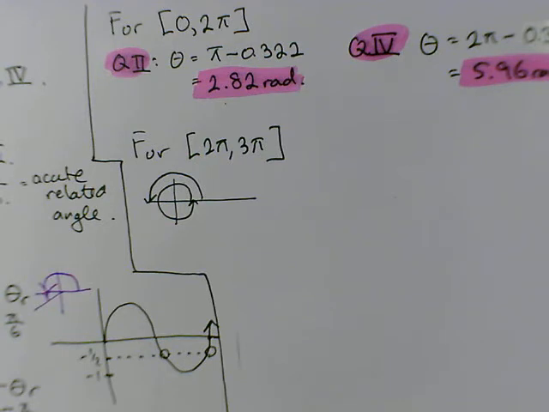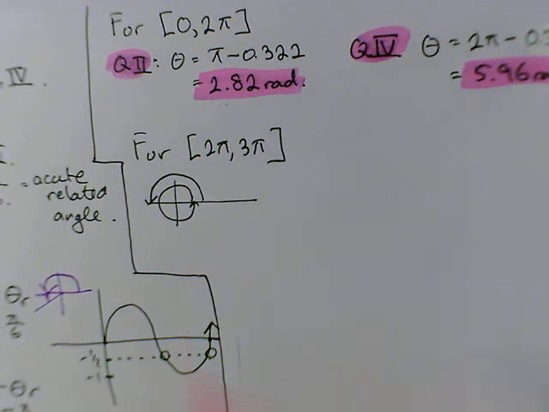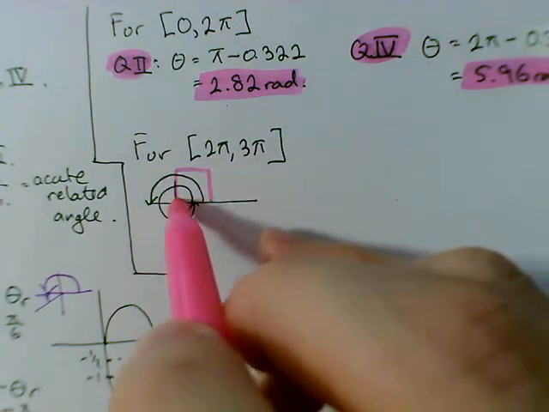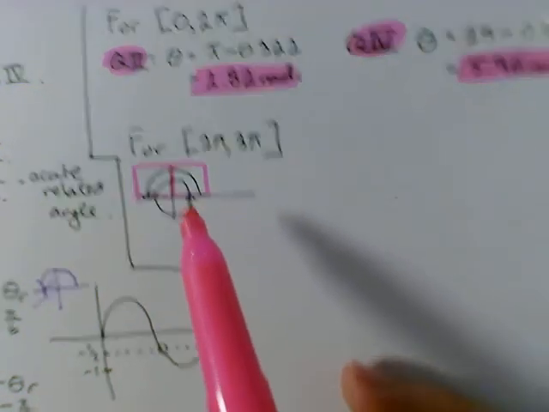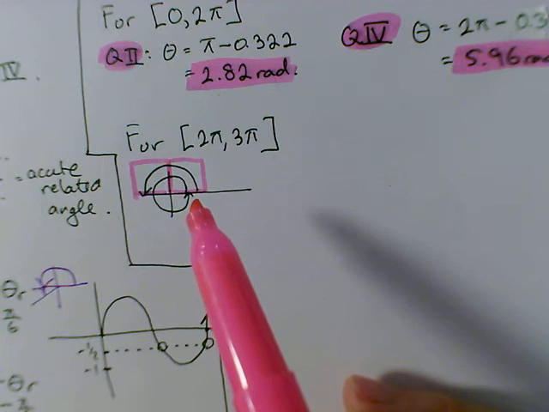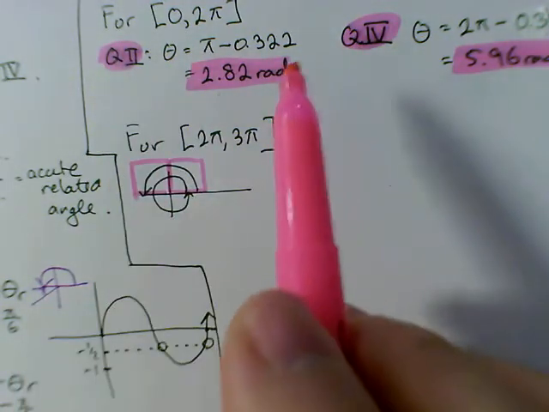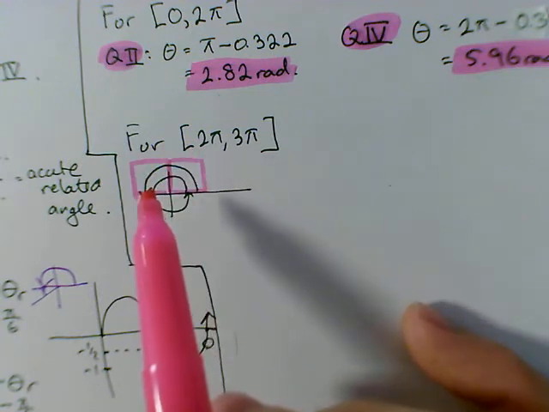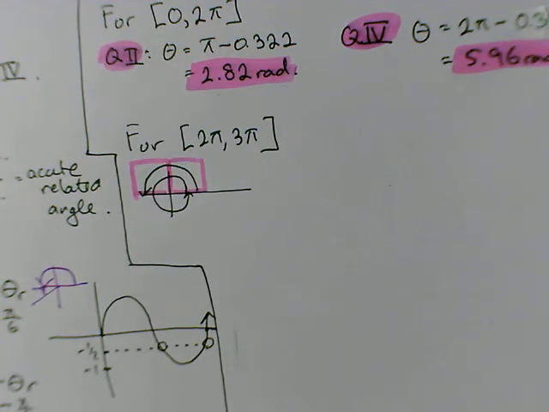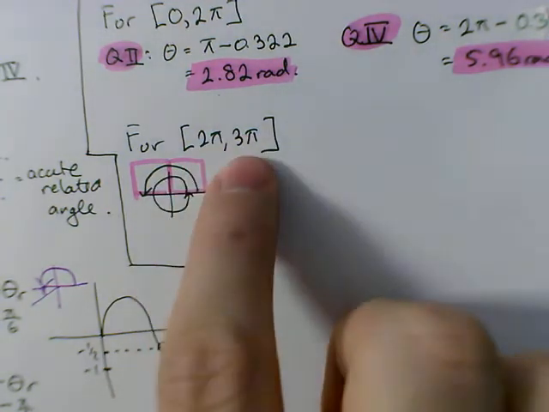Long story short, which quadrants do I cover twice? Quadrant 1 and quadrant 2. Which quadrants do I care for in this question? Quadrant 2 and 4. So if I'm going to go through quadrant 1 and 2 only for the second revolution, I only have to worry about quadrant 2 in this interval.